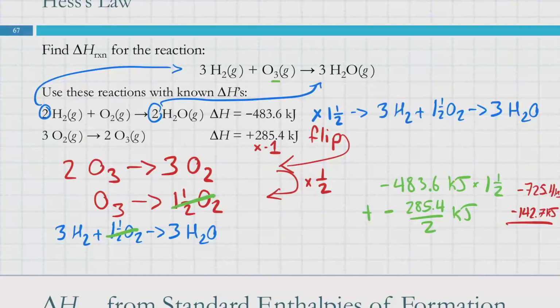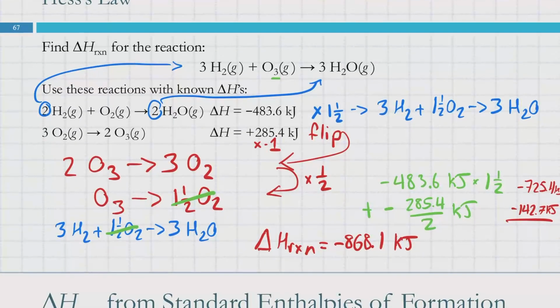Add those together, and our overall delta H should be negative 868.1 kilojoules. Questions or confusions? Great.